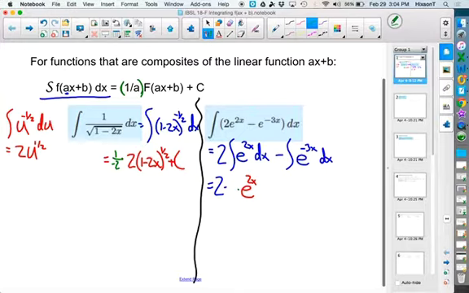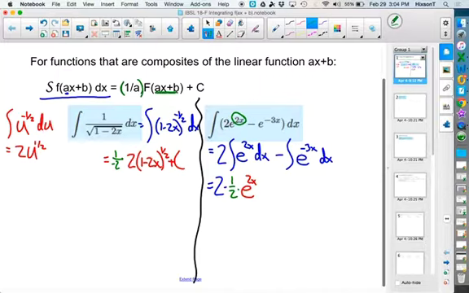The derivative of the linear function inside. 2. So it's 1 over 2. The linear function inside is 2x, right? So the inner function, e to a power, is the outer function.